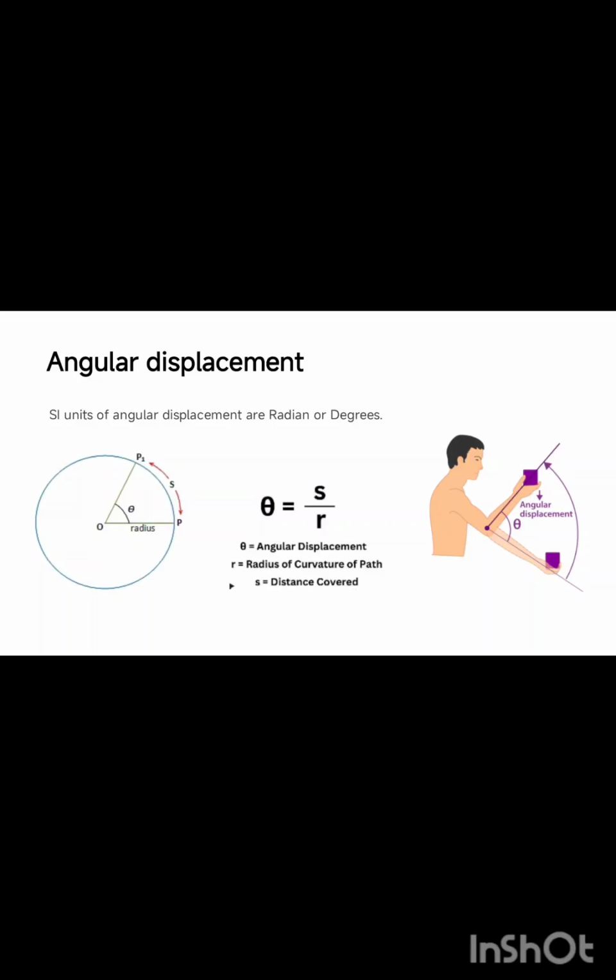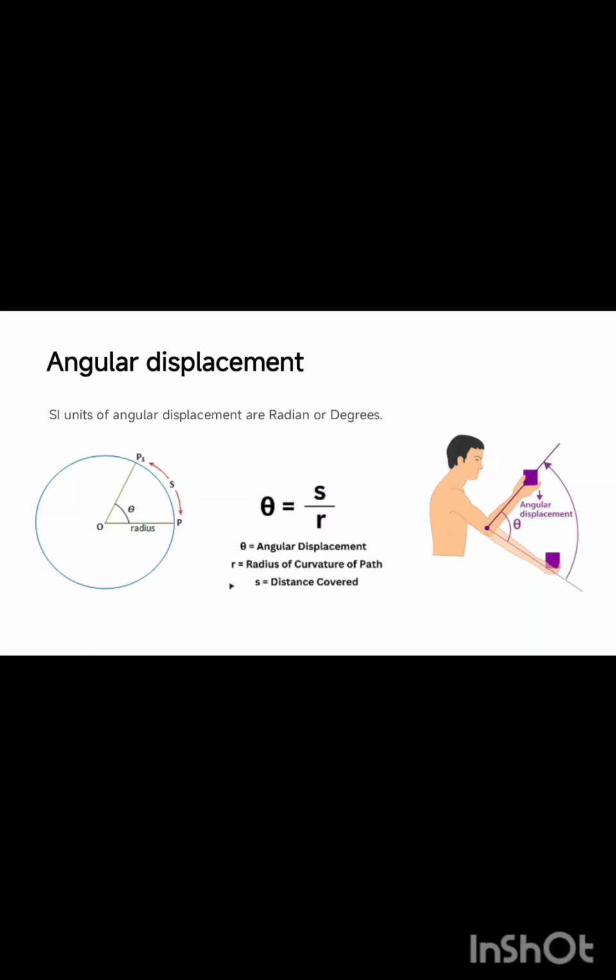Okay, so here you can see another picture. Let's suppose we have the example of this person who is lifting some mass, and while lifting, of course, he is moving his hand in a circular manner. Why? Because the elbow is acting like a pivot point, and around that pivot point the hand is doing a partial circular motion.